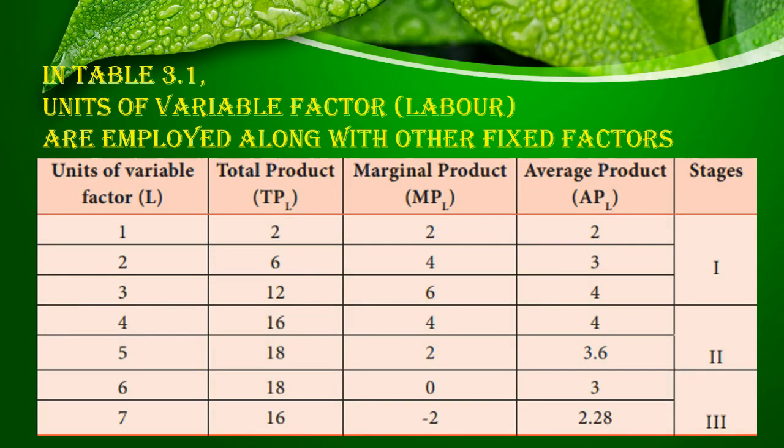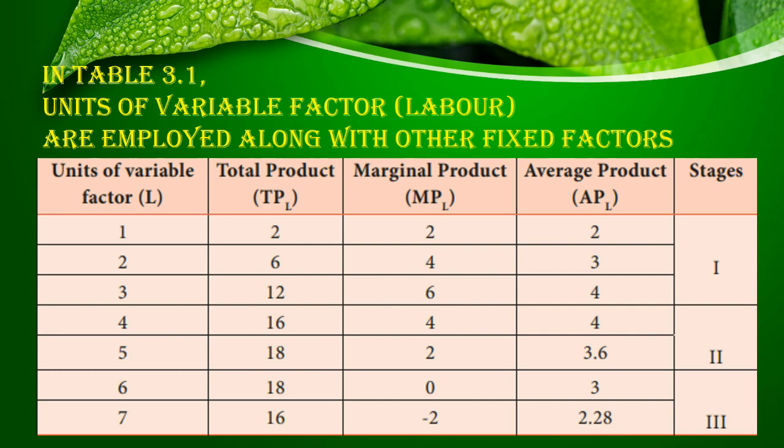Now just look at the schedule given below. In this table, the units of the variable factor, that is labor, are employed along with the other fixed factors for production. It illustrates the three stages of production. The total product increases steadily at first, is constant at the maximum point and then diminishes.